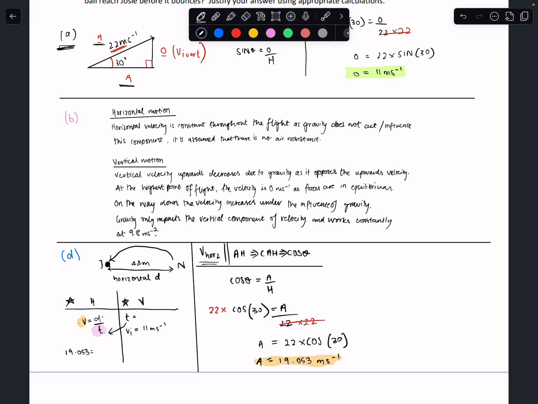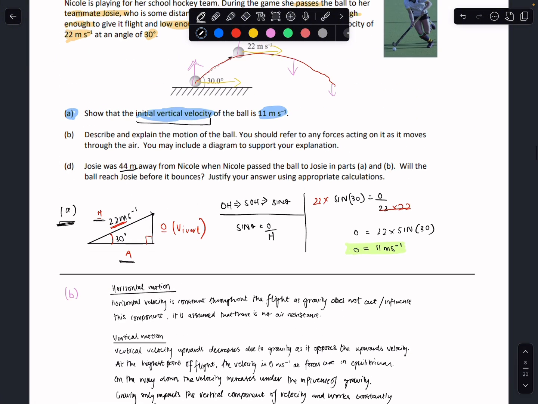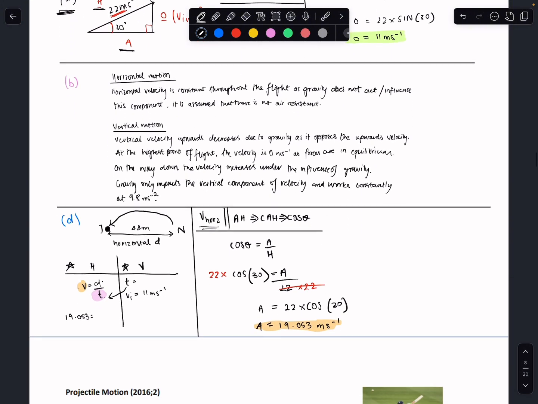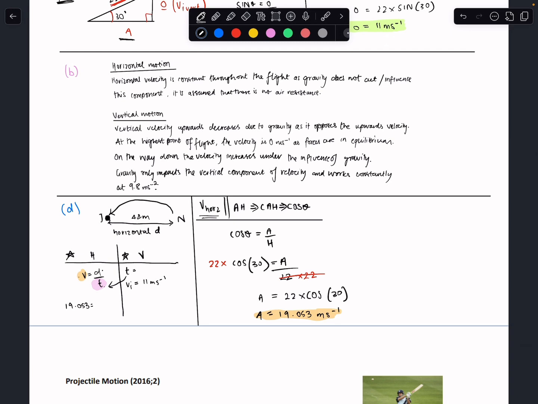What else do we know? Well, if we are working out the time to the top, if this was VI, up top, VF is our final destination. Then we can times it by 2 later. But for now, let's split this projectile motion in half. So let's first figure out the time taken to get to this point here. So this will be VF, and at the top, the velocity comes to a stop for the vertical plane anyway.